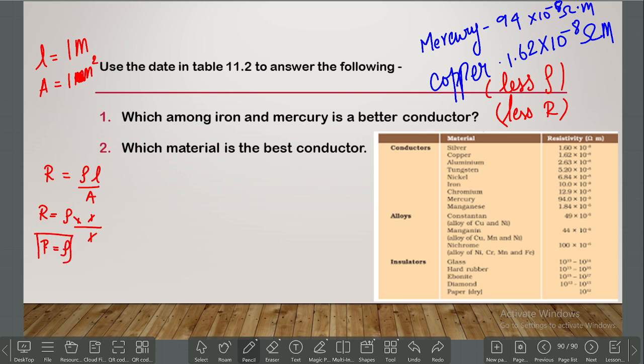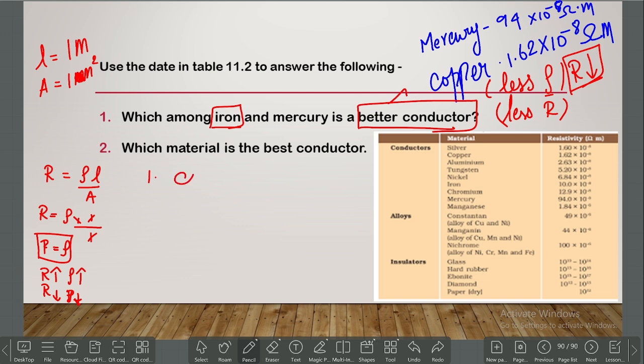That states that if resistance is high, resistivity will be high. If resistance is low, resistivity also will be low. Here, as per the given condition, copper has less resistivity, so its resistance also will be less. The material which has less resistance will act as a better conductor.